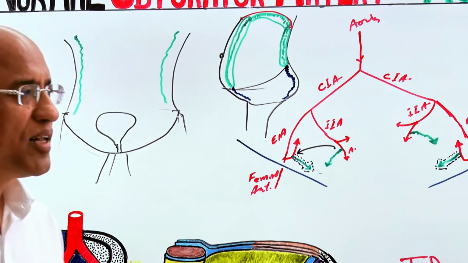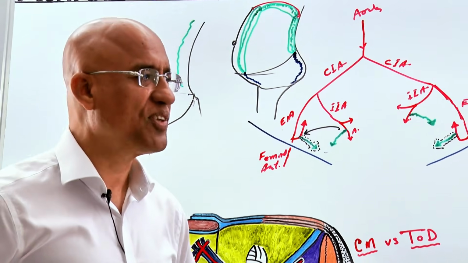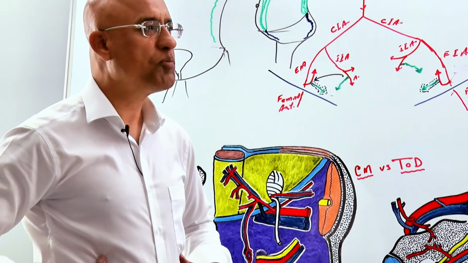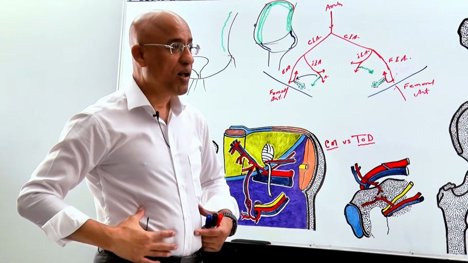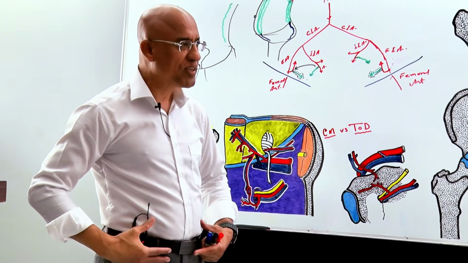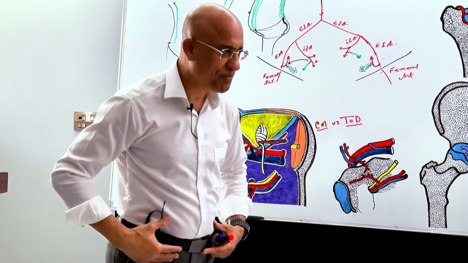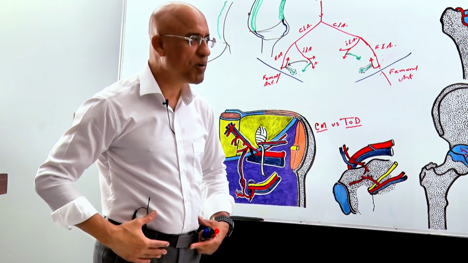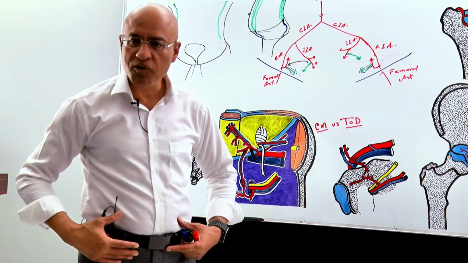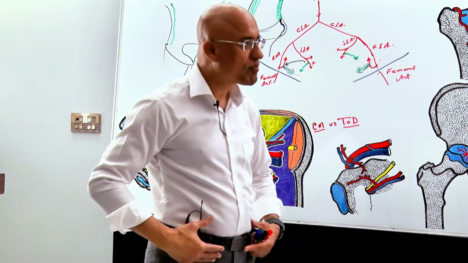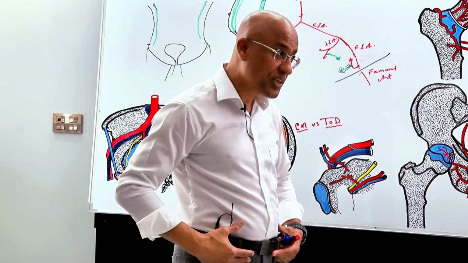So actually, fascia transversalis, which is just behind the anterolateral abdominal wall, when it goes to the pelvis, changes its name, and its name becomes pelvic fascia, and because it is with the wall of the pelvis, we call it parietal pelvic fascia.